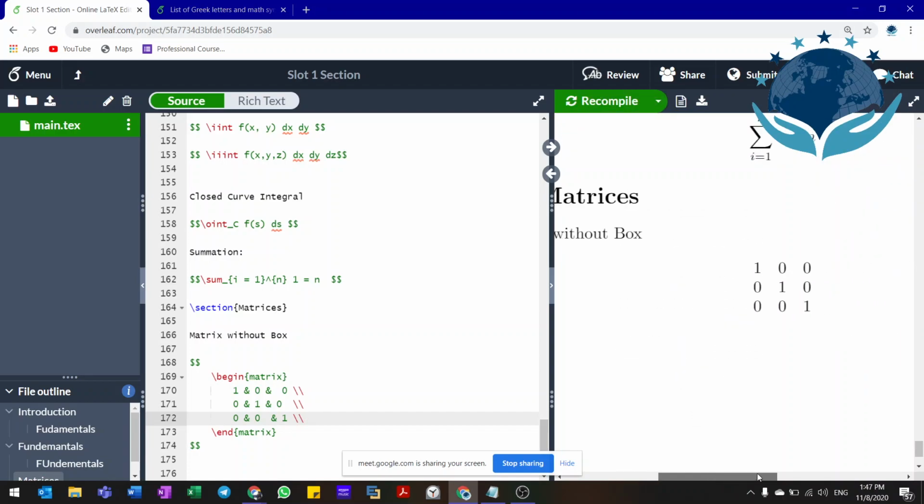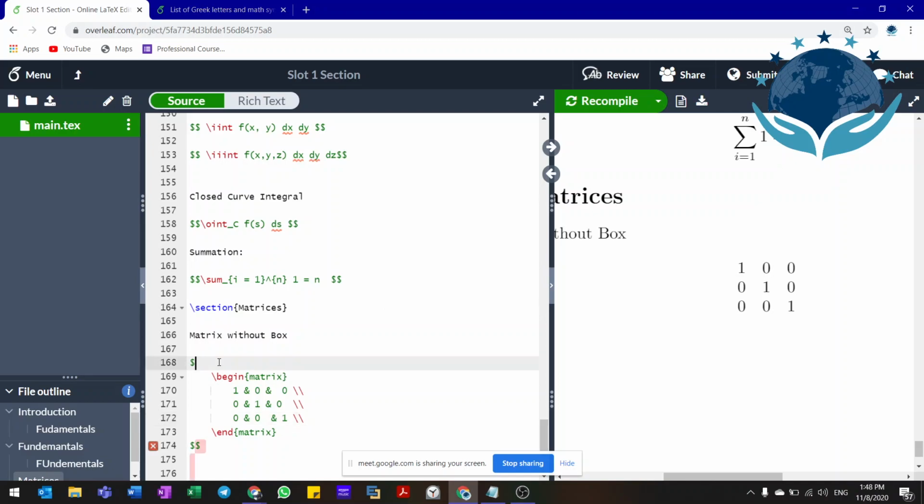So you can see that the matrix has been inserted. Since I have given double dollar, it has been printed at the center. If you use the single dollar, it would be inserted inline.